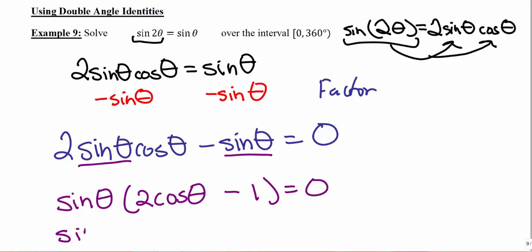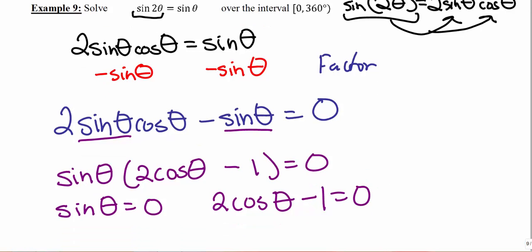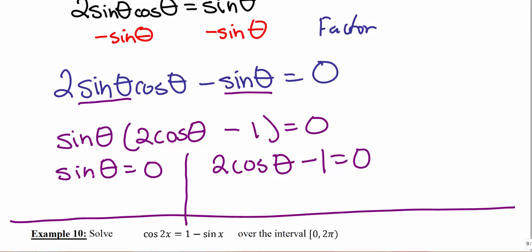And then of course, once we factor, we set each of the factors equal to 0. And then we have 2 equations that we want to solve for theta. So in the first one here, we have sine theta is equal to 0. So we're looking for values that have a sine value of 0.